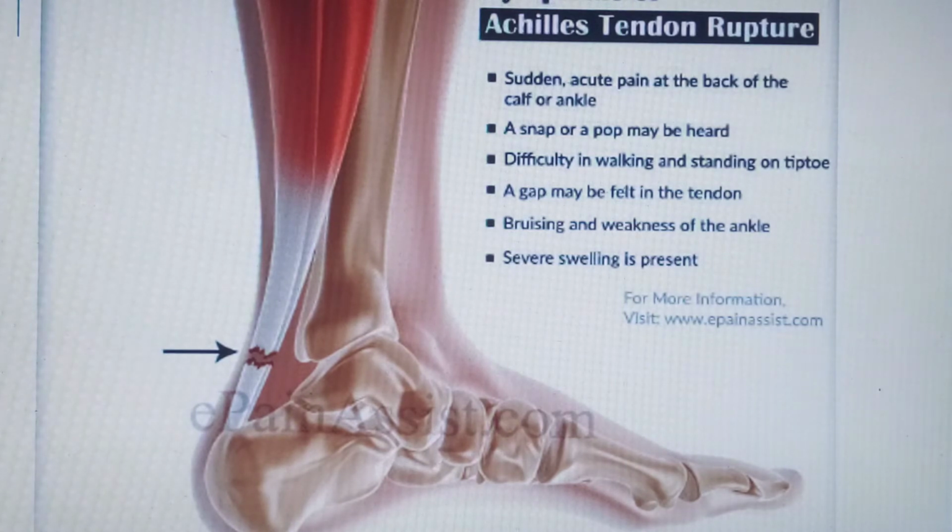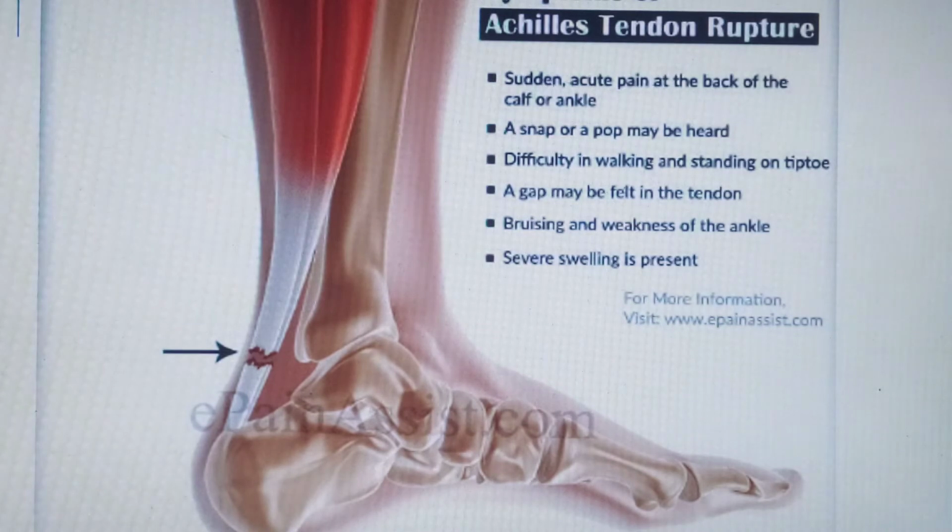Now, if this tendon ruptures, then you cannot do plantar flexion. The only advice here is that if you want to do plantar flexion, you need to take your time and do it slowly. You don't need to do it suddenly or forcefully, otherwise it may result in a tear of this tendon.